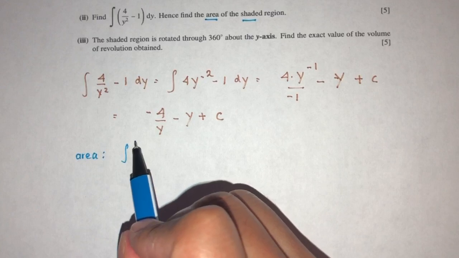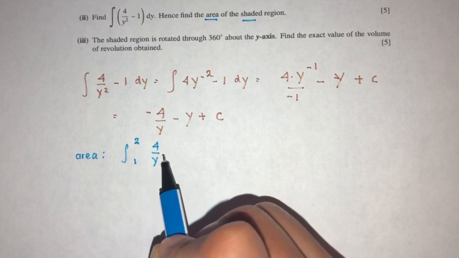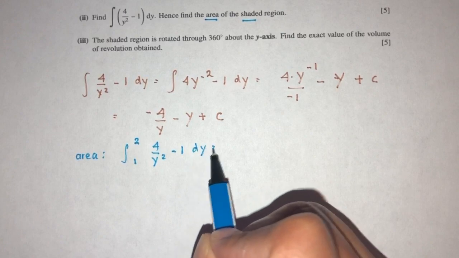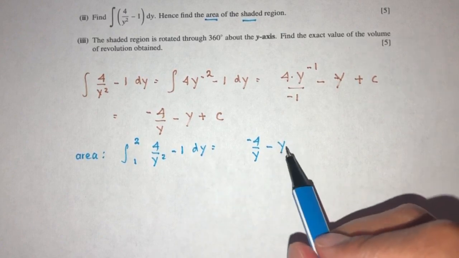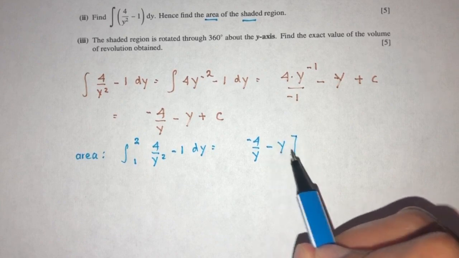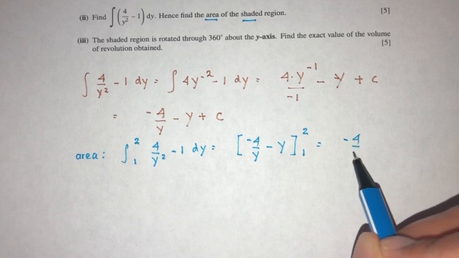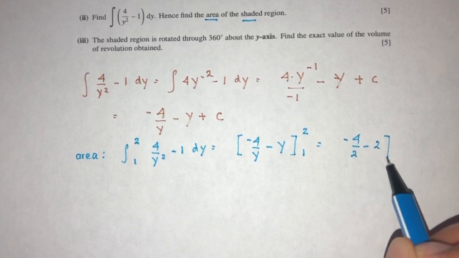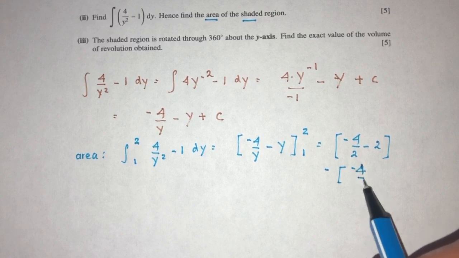That will be limits of 2, 1, and that will be 4 over y squared minus 1 dy, which is simply minus 4 over y minus y, and we have limits of 2, 1. That should be minus 4 divided by 2 minus 2, minus 4 minus 1.